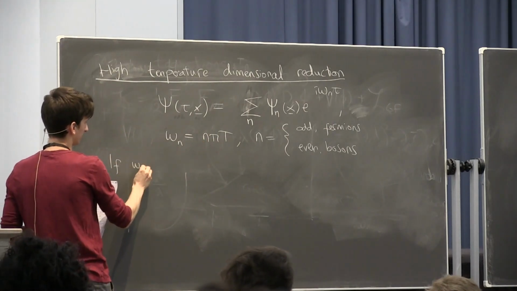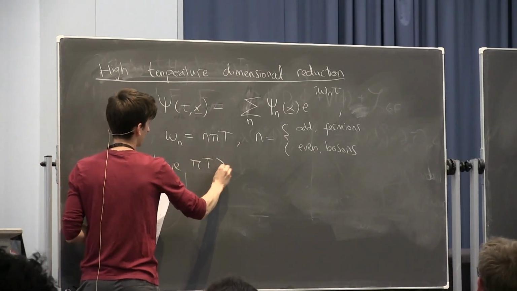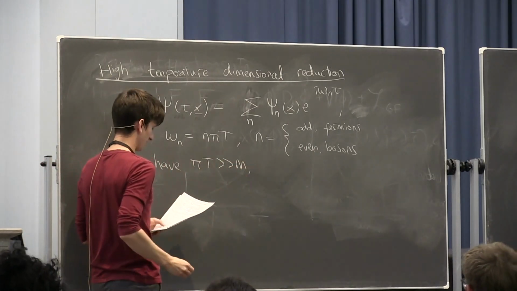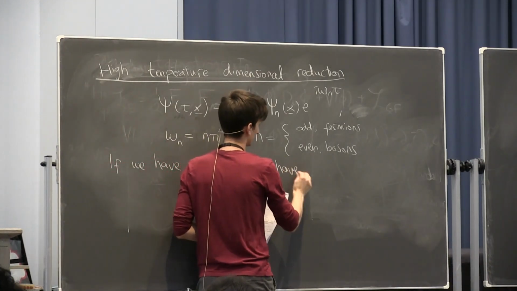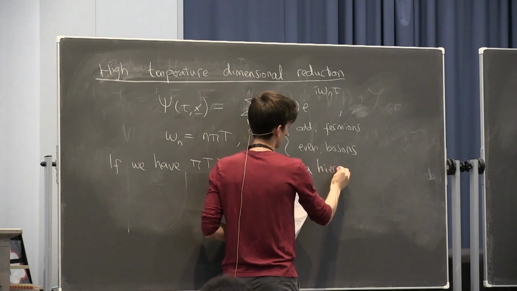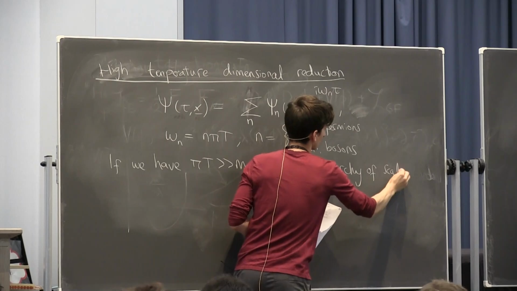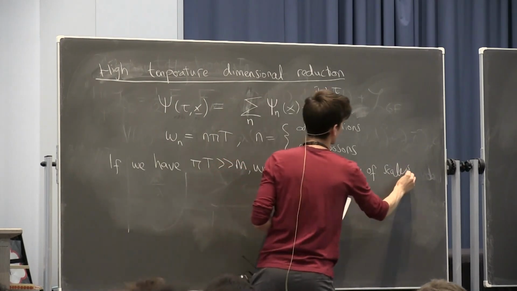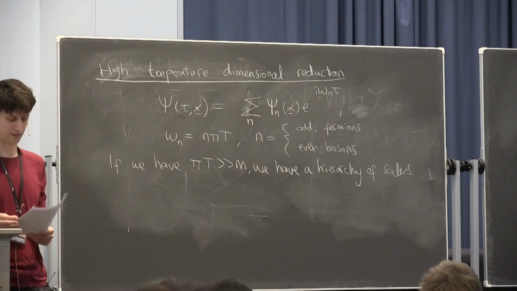So if we have pi T much larger than some mass, then we have a hierarchy of scales. And as a consequence, something interesting can happen for our effective potential.